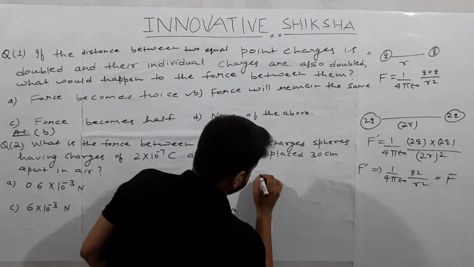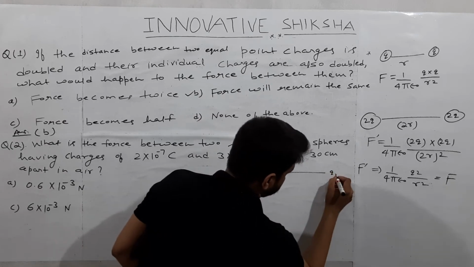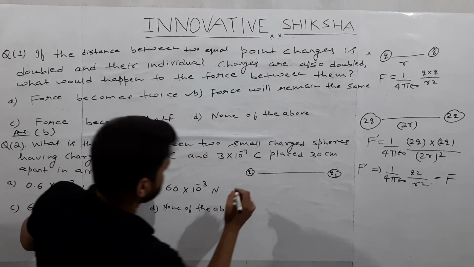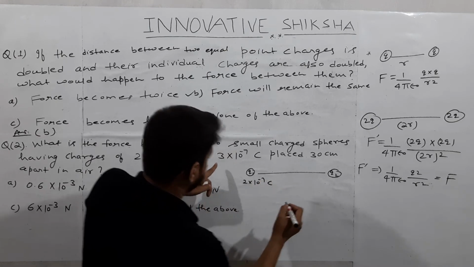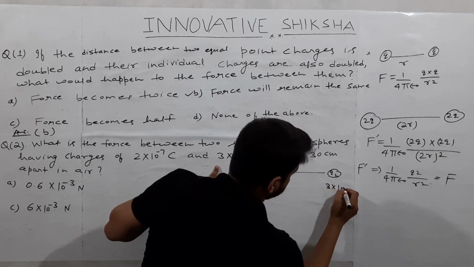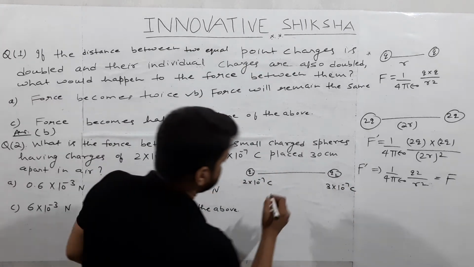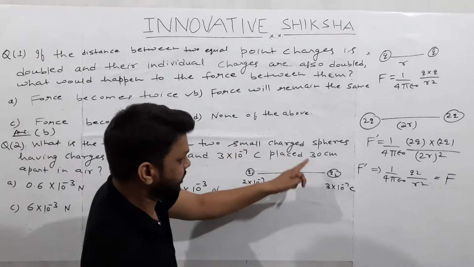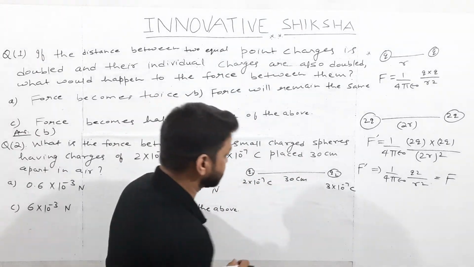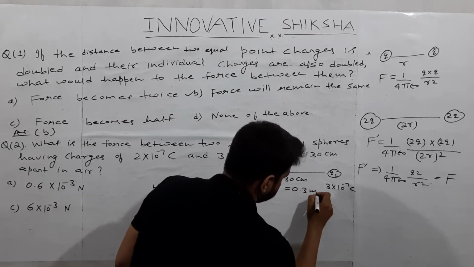Suppose we have two charges, q1 and q2, with values 2 into 10 to the power minus 7 coulomb and 3 into 10 to the power minus 7 coulomb, and the distance between them is 30 centimeter. You have to convert this into meter because we are dealing with SI units. So this would be 0.3 meter.